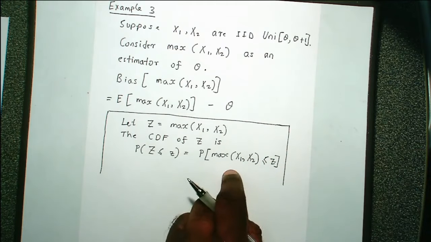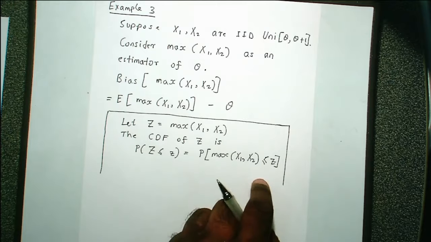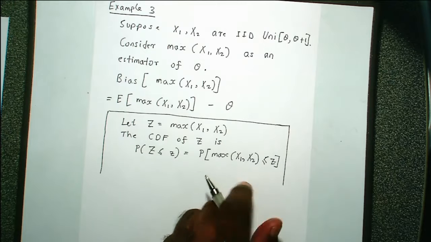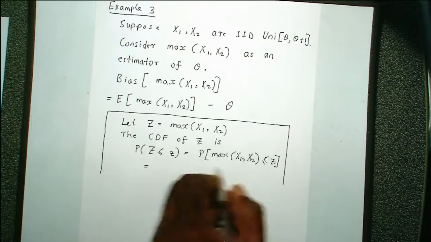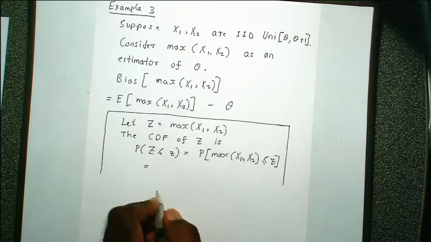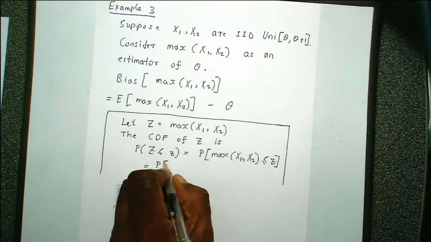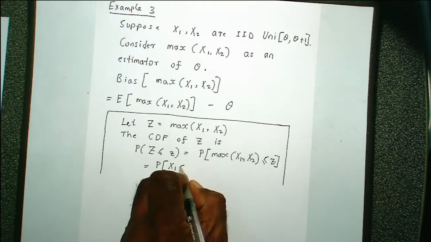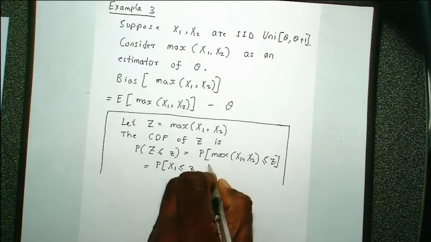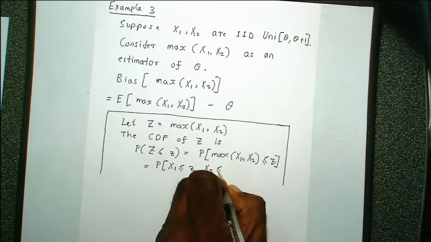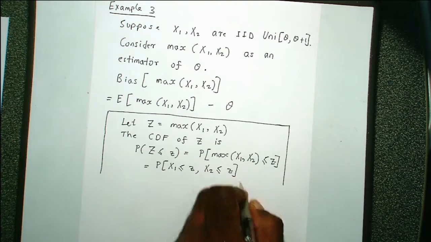Now, if the maximum is less than or equal to Z, what can you say about x1 and x2? If the max is less than or equal to Z, then x1 has to be less than or equal to Z, and x2 has to be less than or equal to Z. Right?